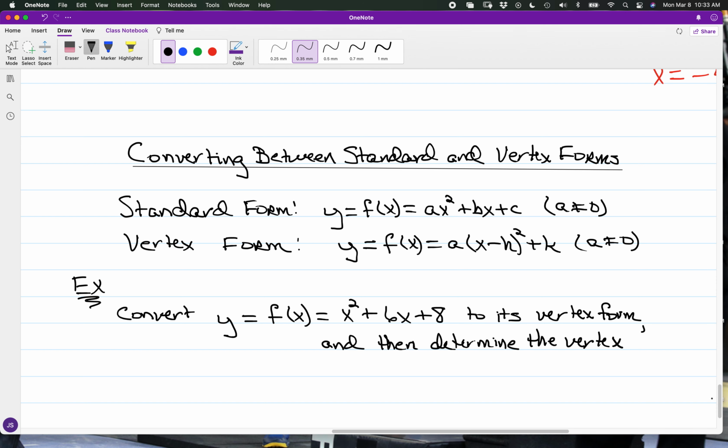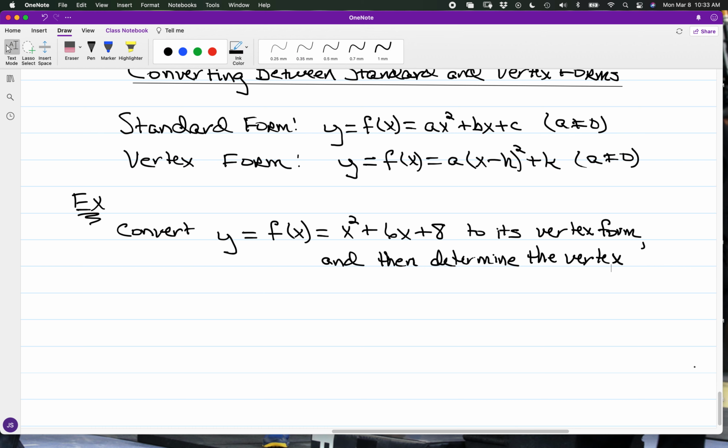Okay, so just for what we have starting out, we got f of x is equal to x squared plus 6x plus 8. So this is the standard form.